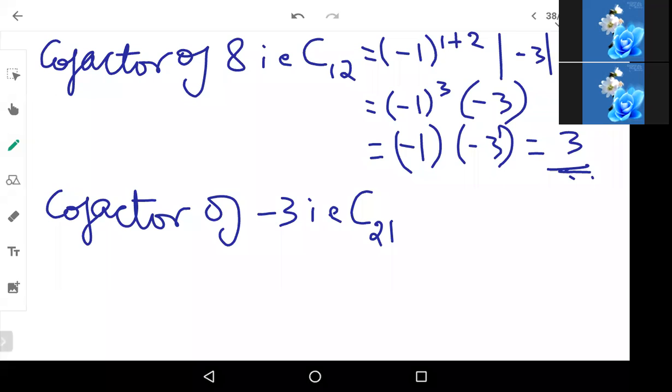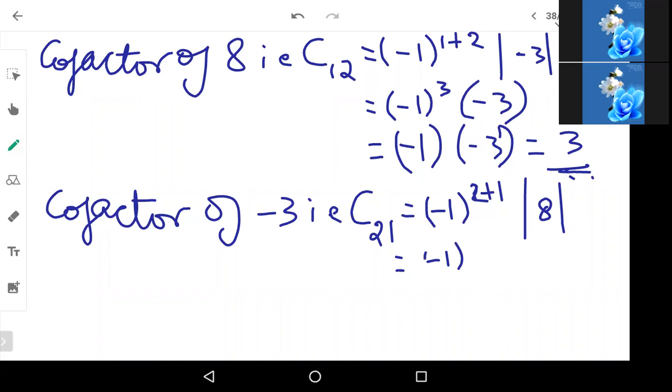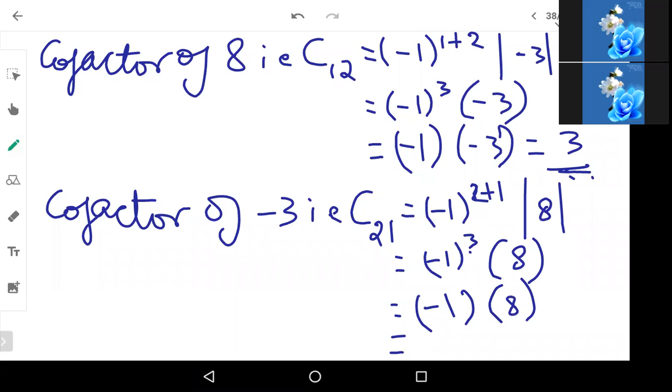Here -1 to the power 2 plus 1, this is 3, into 8, that is determinant 8. So -1 to the power 3 is -1, into 8 will give us -8. So the cofactor of -3 is -8. Very good. Many of them have got the answer.